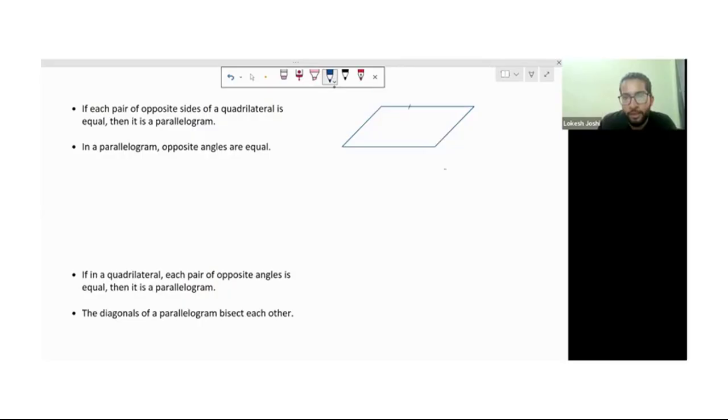We are only given that AB is equal to CD and AD is equal to BC. Then we can directly write, or it implies, that ABCD is a parallelogram. It's the only sufficient condition for this one. So that's for this property.